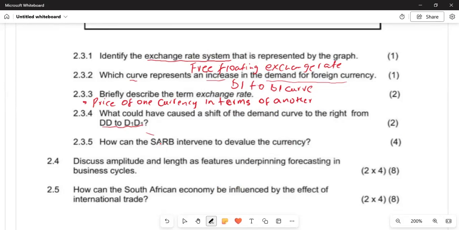That means more South Africans import goods from the USA.